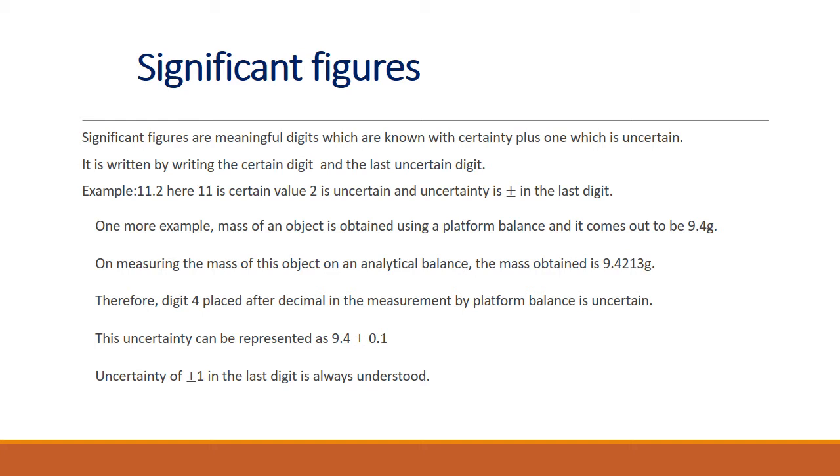This uncertainty can be represented as 9.4 plus minus 0.1. And an uncertainty of plus minus 1 in the last digit is always understood. So we must remember the two terms, certain value and uncertain value, and these combined form the significant figures.